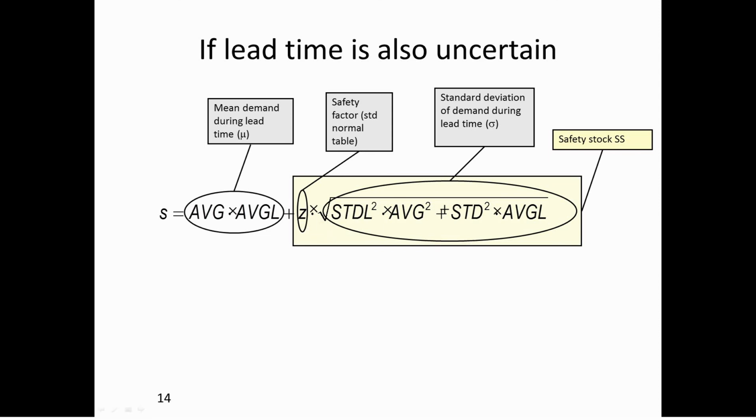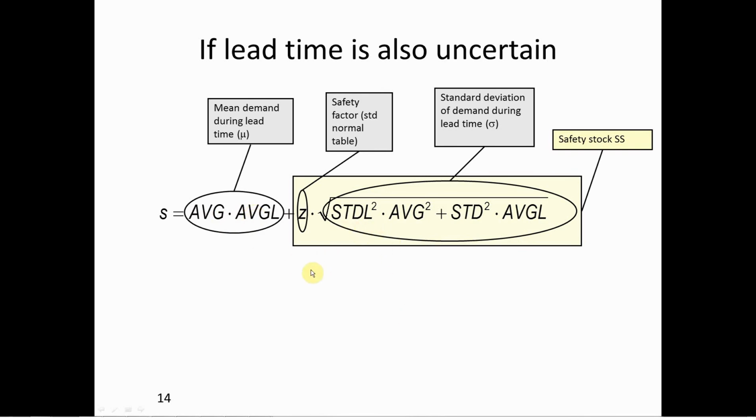Once again we look at the pipeline and the safety stock, and you'll see that the only real differences are these. If the lead time is just L, the variance term becomes standard deviation squared times L, which is the same as we had before, and the average demand times L, the lead time, same as before.